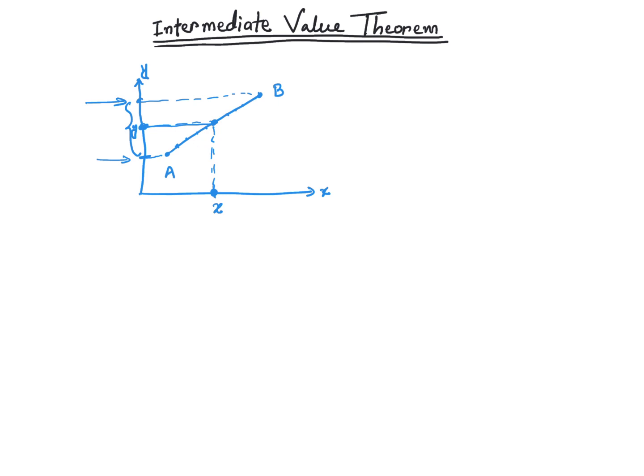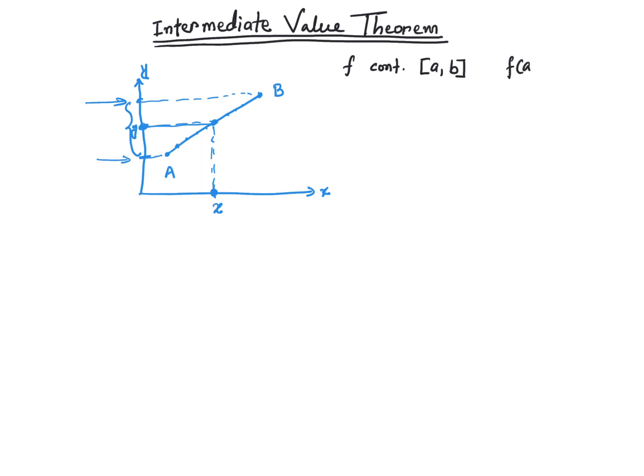Let me go ahead and define it more mathematically. Let's consider that you have a function f that is continuous in some closed interval, let's call it a comma b. And then we will have two values.